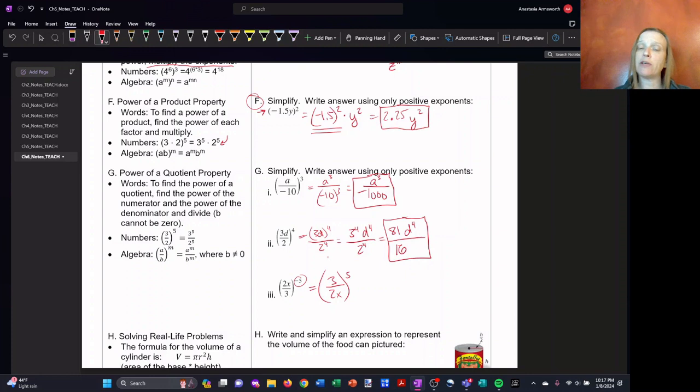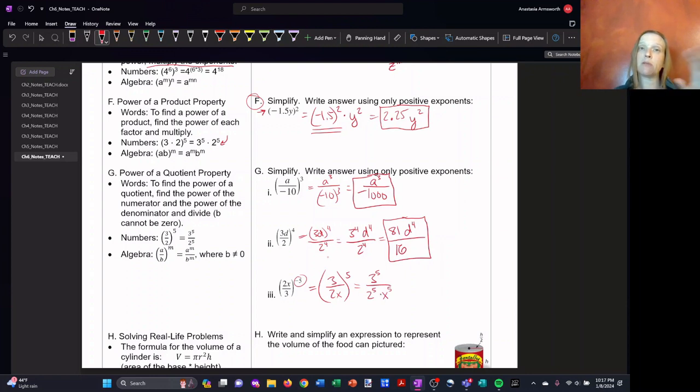Now, this problem is very similar to the second example we just did above. We are going to take that 5 and apply it to each component of the division problem. We've got 3 to the 5th divided by 2 to the 5th times x to the 5th.